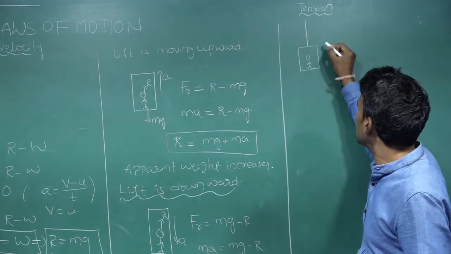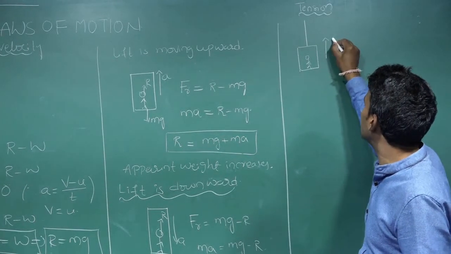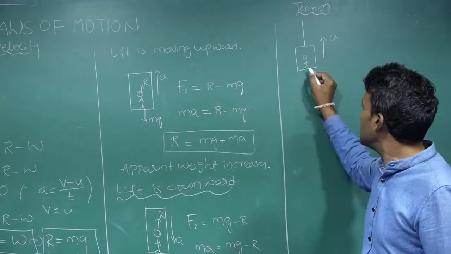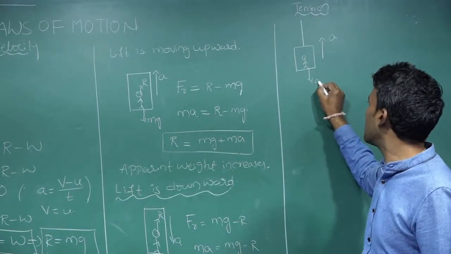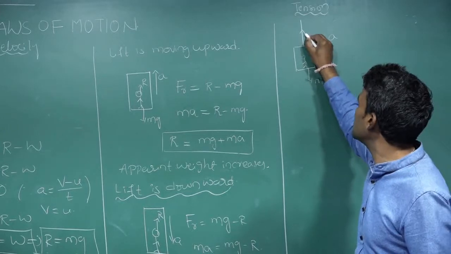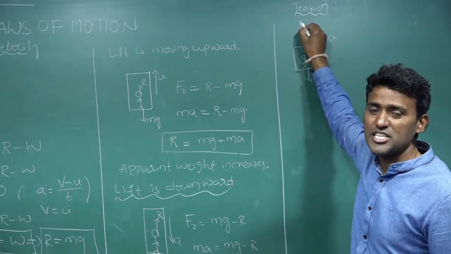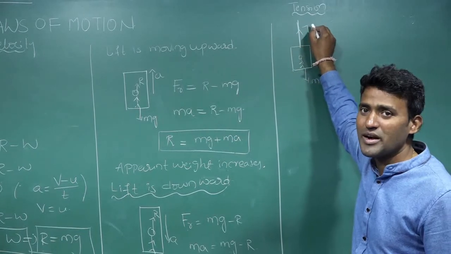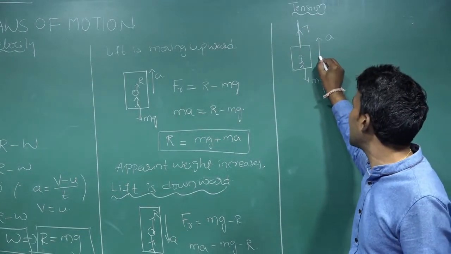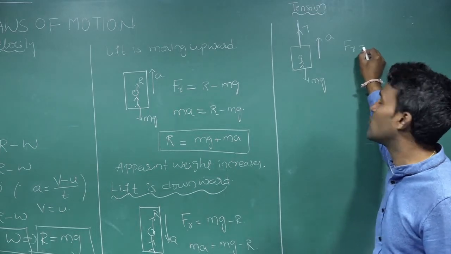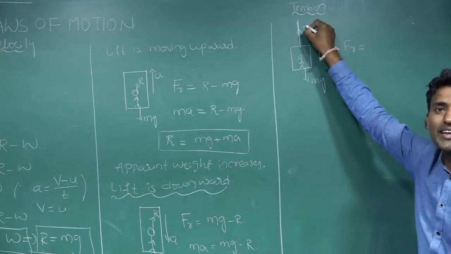Now, if it is accelerating upward, the weight of the person is downward, and the tensional force in the rope is upward. It is accelerating upward, so the resultant force is equal to upward force minus downward force.